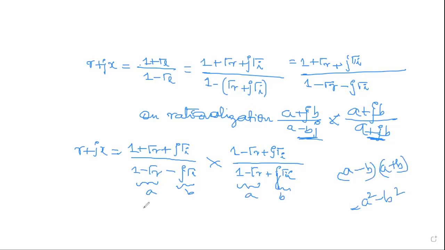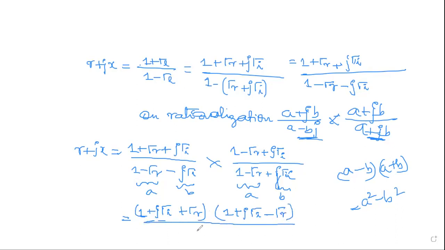Similarly, in the above term also I can apply the same form, because if you consider (1 plus gamma R plus j gamma I) into (1 minus gamma R plus j gamma I), we divide the whole term by A square minus B square, that is (1 minus gamma R) whole square minus (j gamma I) whole square.